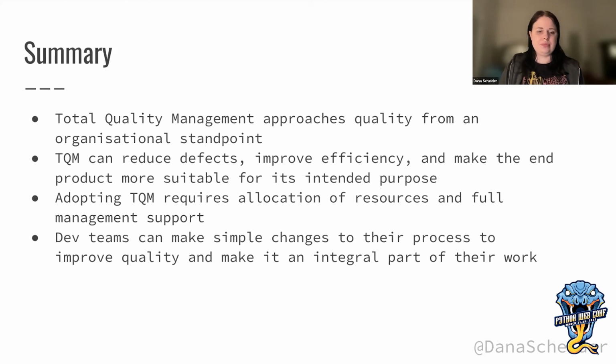Again, I think those resources are less and are better focused and better spent using a more TQM oriented approach, but that doesn't change the fact that this will cost money and this will cost time and this will cost resources. Yeah, dev teams can make simple changes to their process to incrementally improve quality and make it an integral part of their work, but for this to really be adopted organization-wide does require those things.